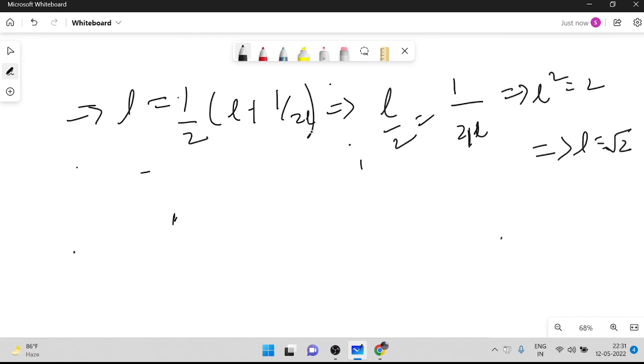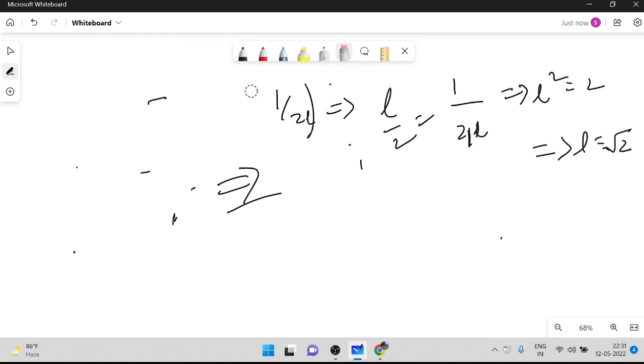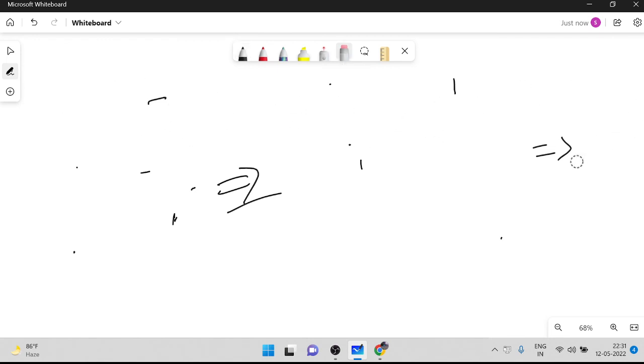So this recursive equation that I gave converges to root 2. That is basically the Newton-Raphson approximation for root 2.